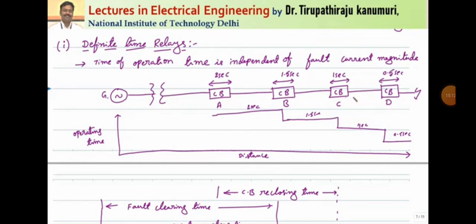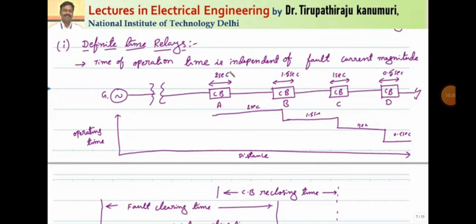This is just for the case of 4 sections, but practically more than 4 sections are also possible, which will increase the time of operation. That creates the problem. The fault current goes on increasing as the fault happens nearer to the source, but here the time is opposite: it takes more time when the fault current is more. So there is a chance your system may be damaged or a stability problem comes. This is the major disadvantage of this method.